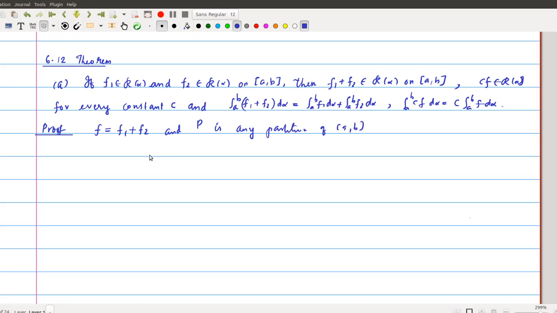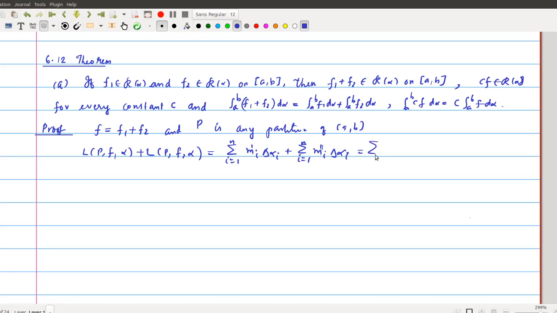Now if you compare the lower sums, L(P, f1, alpha) plus L(P, f2, alpha) is the summation i equal to 1 to n of m_i prime, the infimum value of f1 over [x_{i-1}, x_i], times delta alpha_i, plus the summation of m_i double prime, for the second function f2, times delta alpha_i.